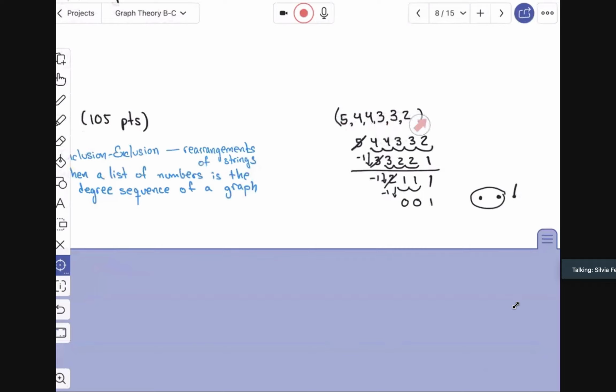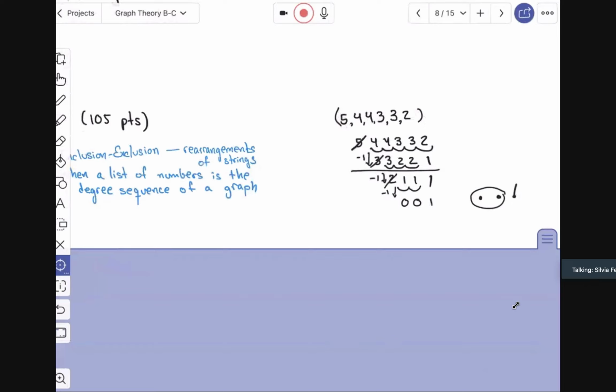And so I know immediately that it fails the degree theorem. The sum of the degrees is twice the number of edges, so the sum needs to be even, and the sum of these is odd. So you don't need the algorithm. You can just say that this is not a degree sequence of a graph because the sum of the numbers is off. It fails the degree theorem, or something to that effect. You can say it from the beginning.